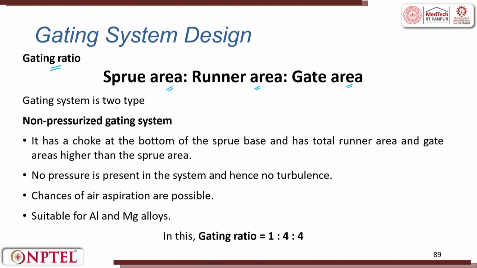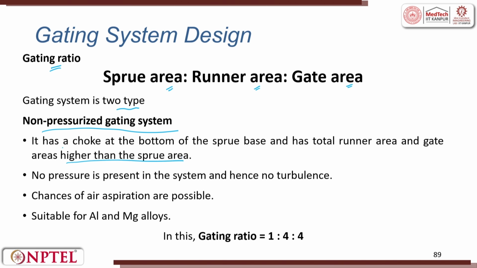Gating systems are of two types: non-pressurized gating system and pressurized gating system. In the non-pressurized gating system, it has a choke at the bottom of the sprue base and has the total runner area and gate area higher than the sprue area.